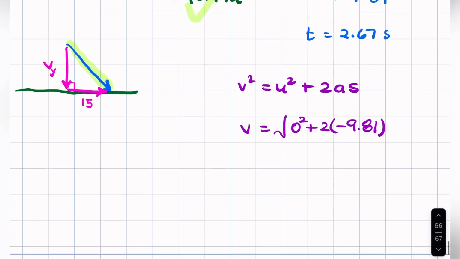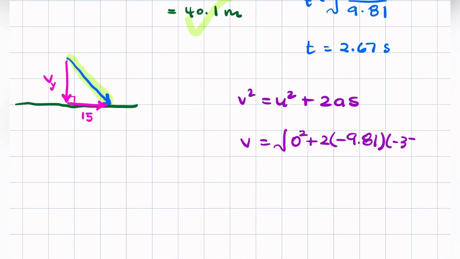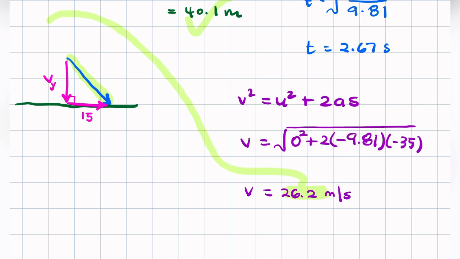If you don't put the minus sign, you'll end up with a negative square root, which is impossible to calculate. So you either have a minus here and a minus here, or you have a plus and a plus. You can't have just one negative sign. So my velocity will be 26.2 meters per second. So that's my Vy. I can put that there.